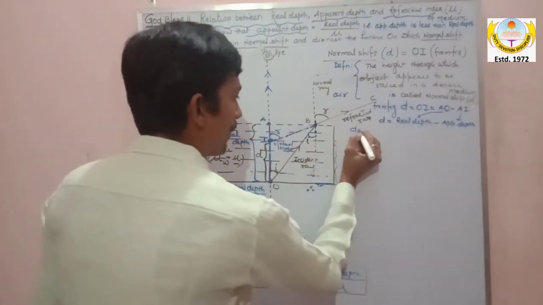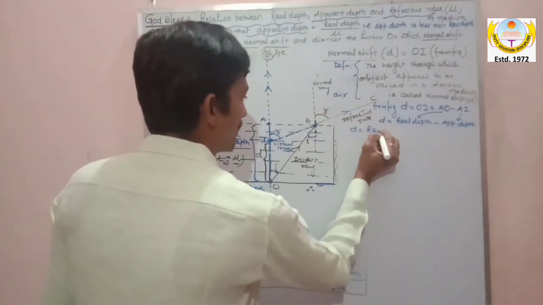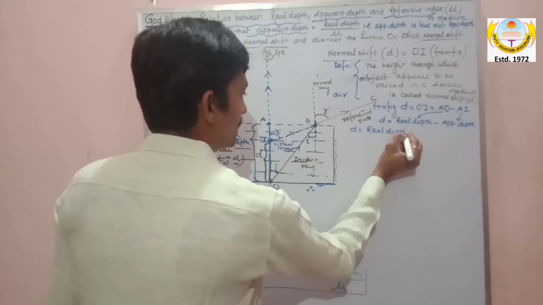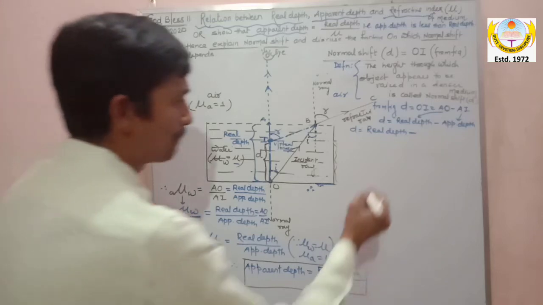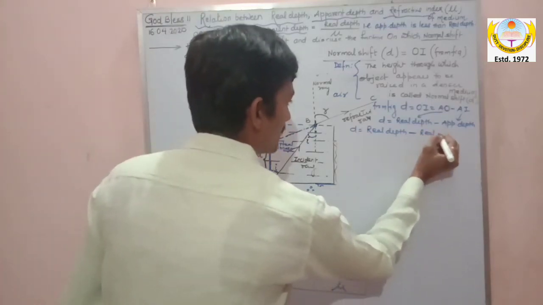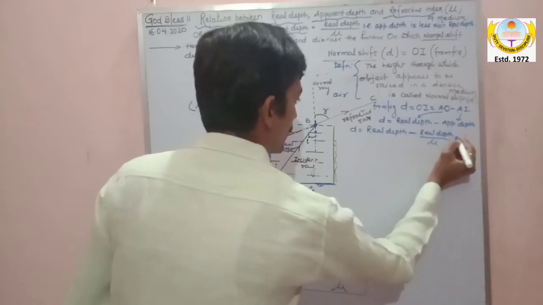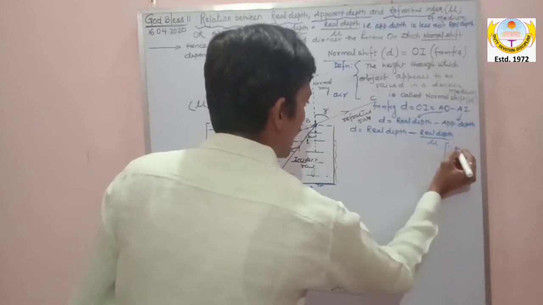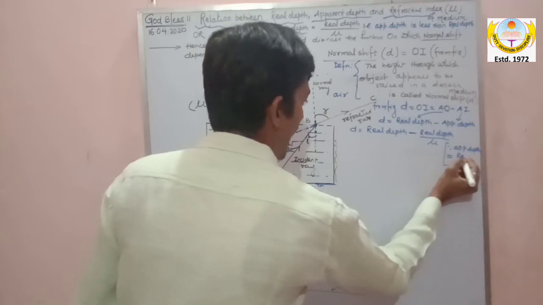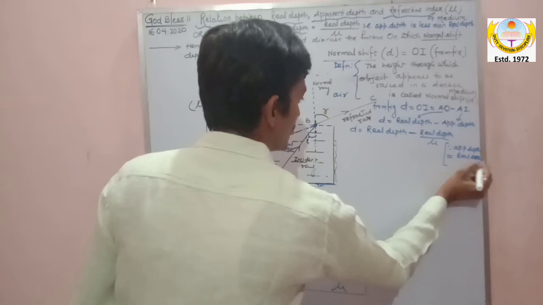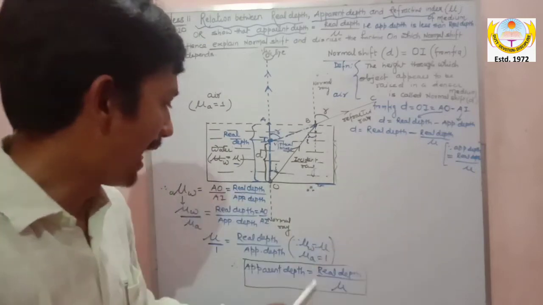So now D is equal to real depth minus, what is apparent depth? Look at the formula. Apparent depth is real depth divided by mu. Since apparent depth is equal to real depth upon mu, you can see I have proved this.